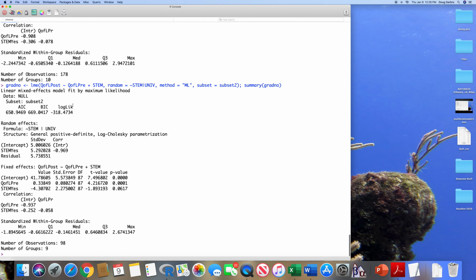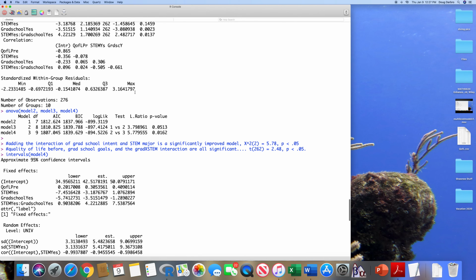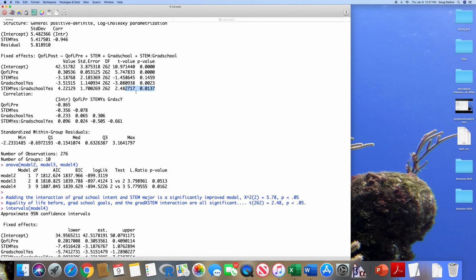But for the population of students who do not intend to attend grad school, those who are in STEM actually scored less on the quality of life than those who are not in STEM. All right, so it now becomes clear why the interaction, back in Model 4, was statistically significant at the 0.05 level.